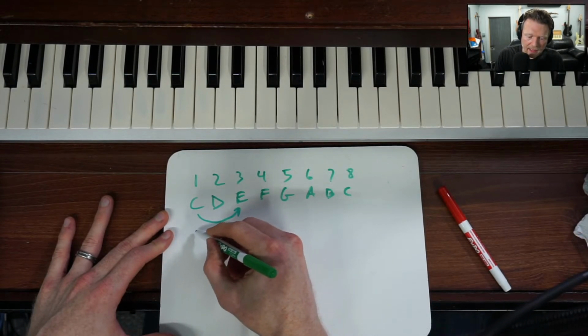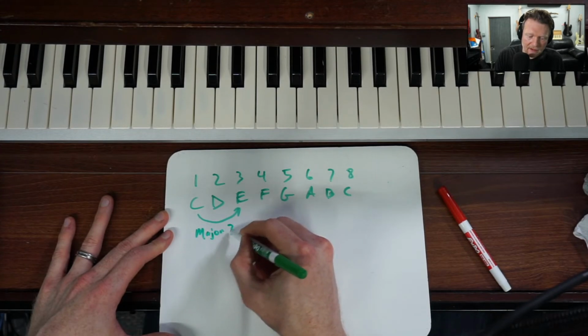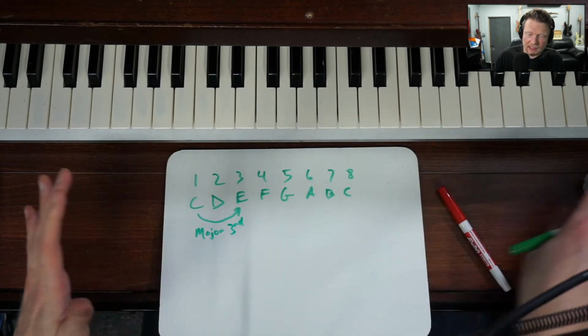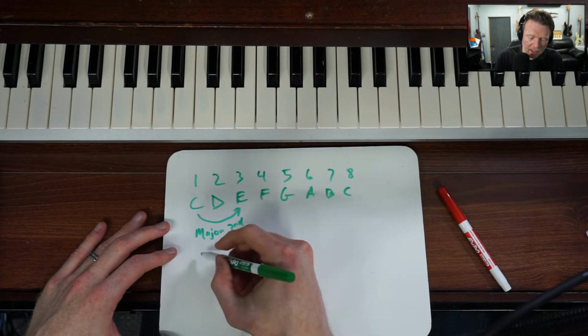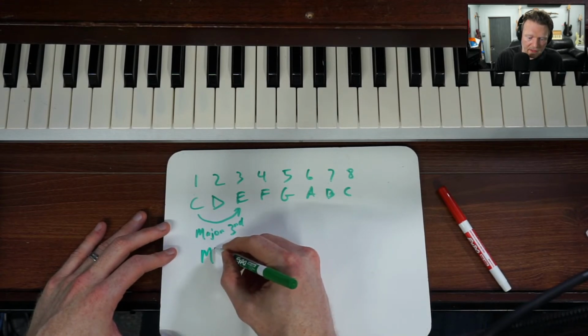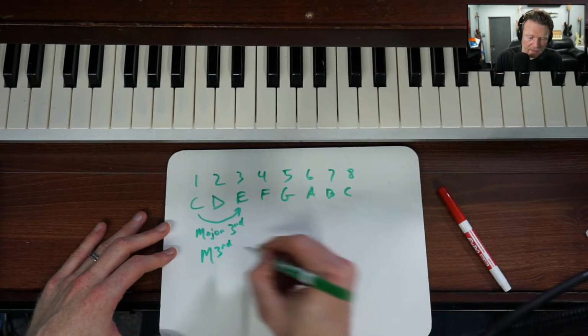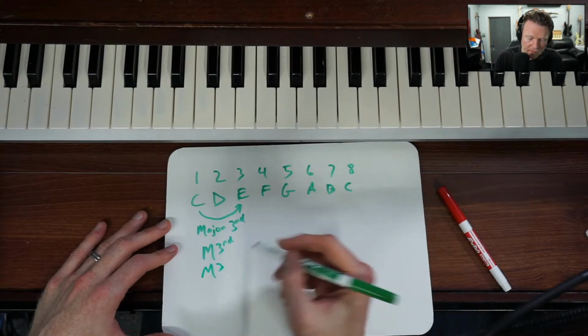Okay. And we are not going to write it out like this. We are going to write it out in a couple different ways. One way to do it is you could write a big M and then a 3.